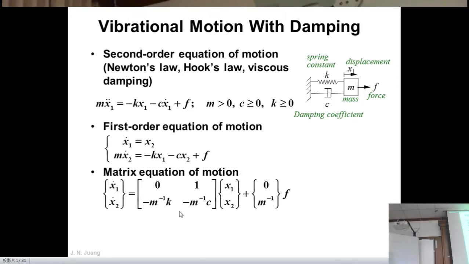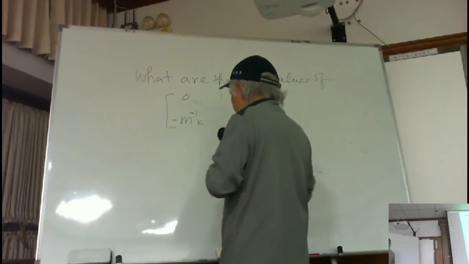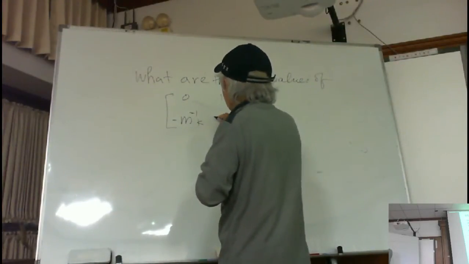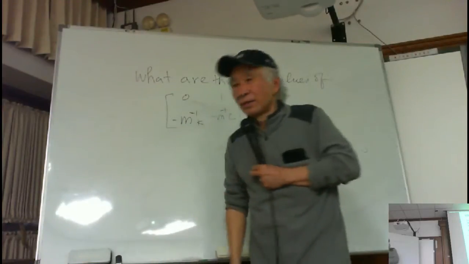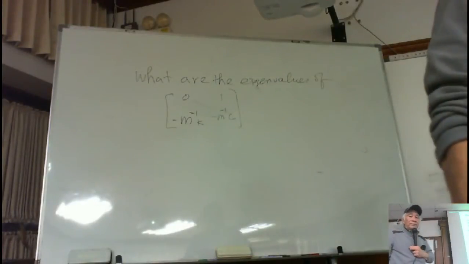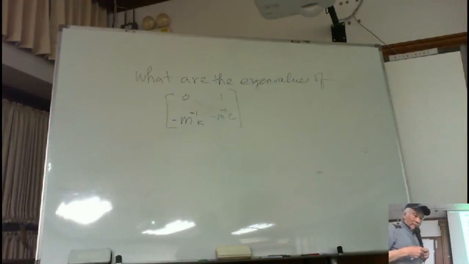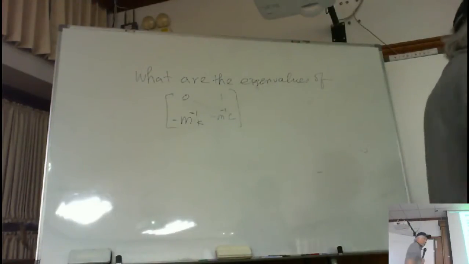What are the eigenvalues of this, minus m inverse c? Anybody tell me what the eigenvalues of this are?